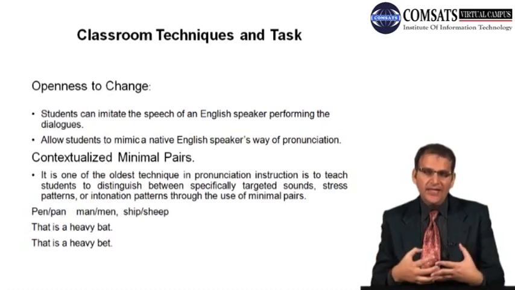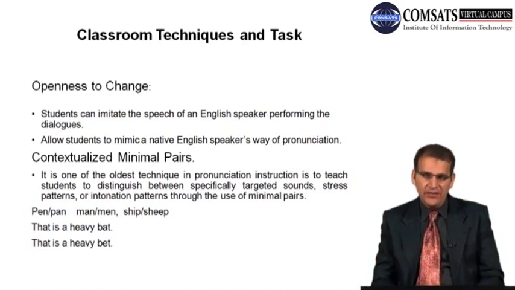So in the context you can bring these minimal pairs, right? So here, that is a heavy bat, or that's a heavy bat. See, heavy bat, you can bring a visual for that. Clear? So ship or sheep.